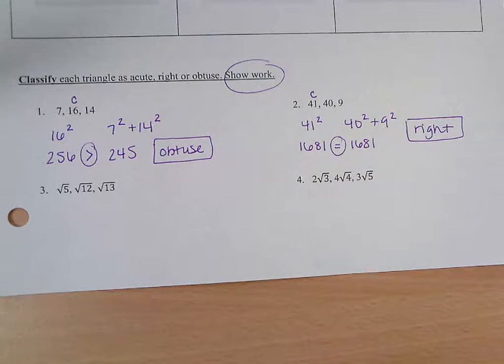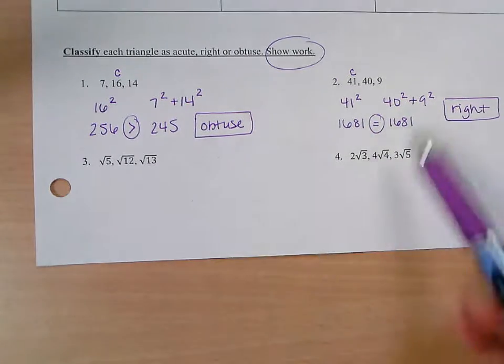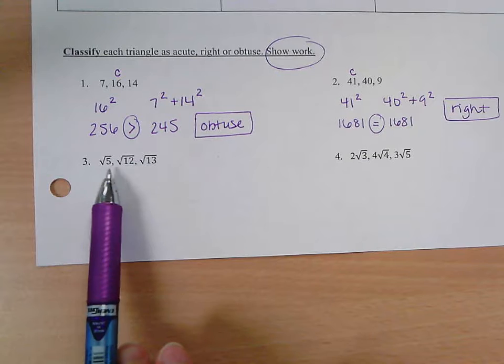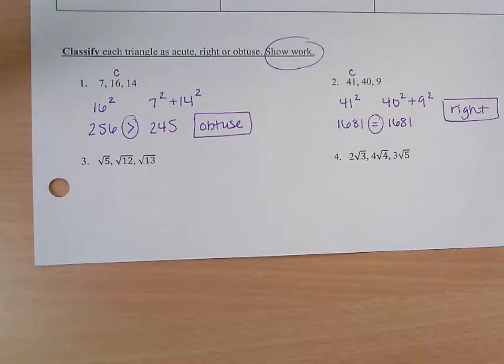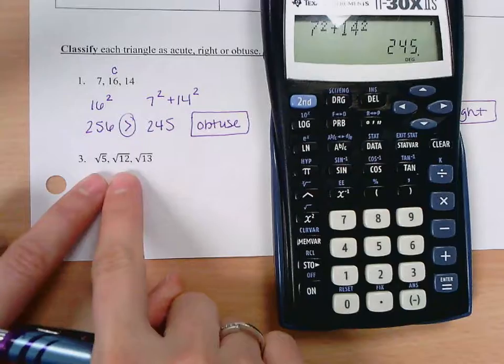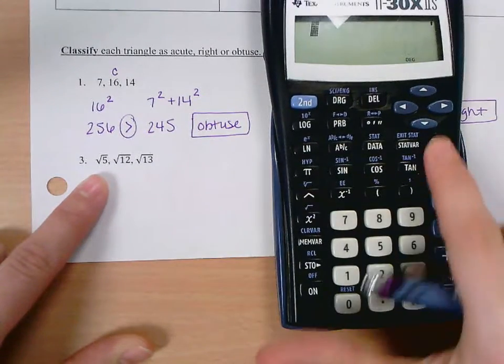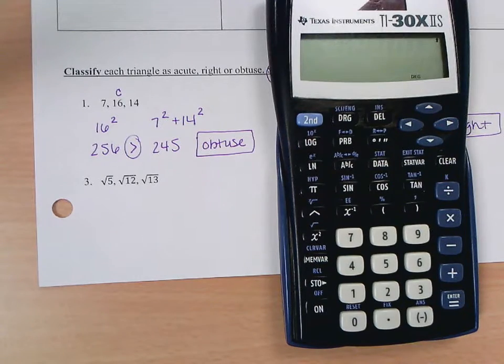Okay, so then for 3 and 4, these ones are a little different because of the square roots. Not different in the sense that you follow the same steps, but you first have to identify for number 3 which one of these is your longest side. Now, you are going to keep them as square roots, but you can find the decimal approximations just to figure out which one is the longest.